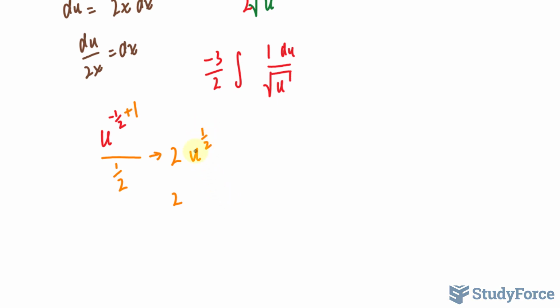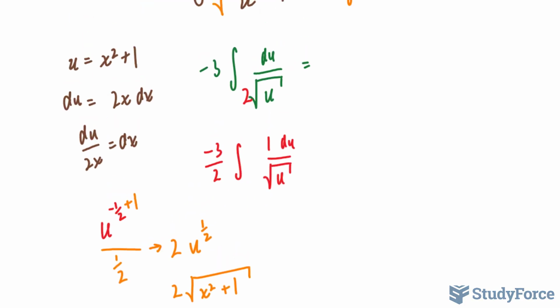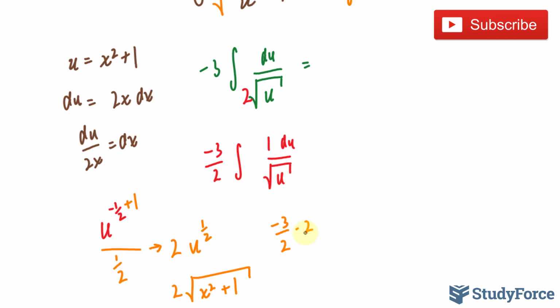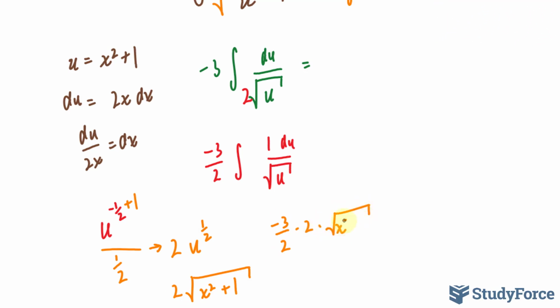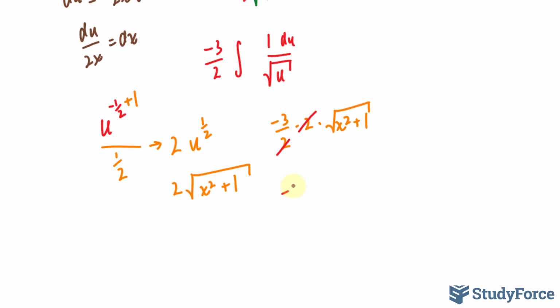And this half exponent means that it's a radical. So we have the square root of x squared plus 1. Therefore, the left side has become negative 3 over 2 times 2, times the square root of x squared plus 1. This 2 and this 2 will cancel out, leaving us with, on the left side, negative 3 times the square root of x squared plus 1.